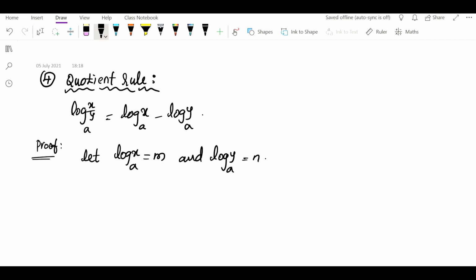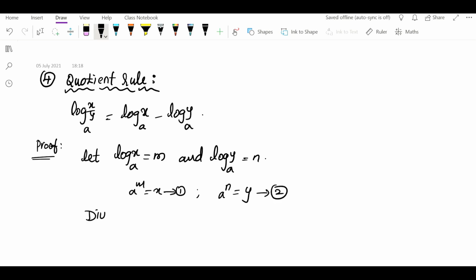So you convert these two into exponential forms. If log x base a is equal to m, then a to the power of m is equal to x. This is considered as equation 1. If log y base a is equal to n, then a to the power of n is equal to y. This is considered as equation 2.